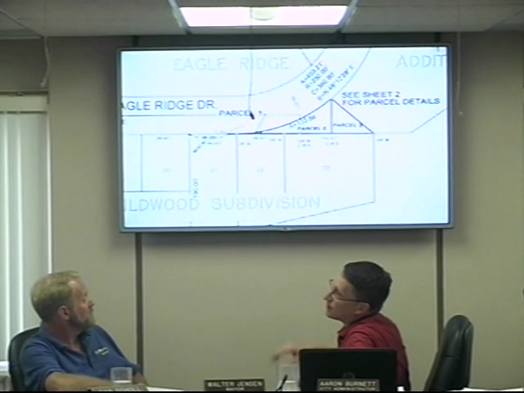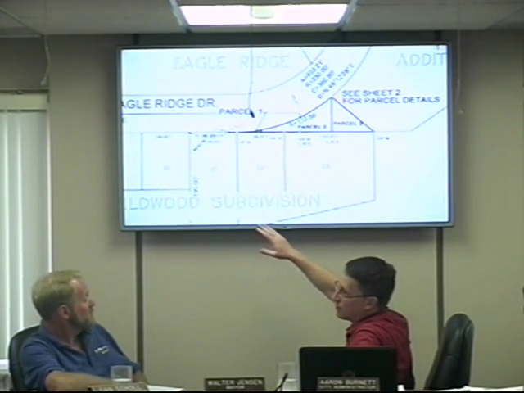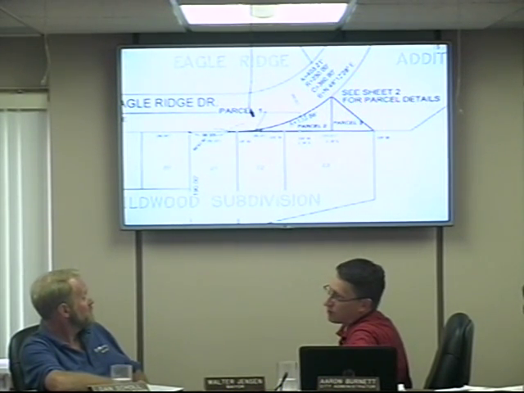And so that's why phase 2 has to go through really before any of the houses are added, because they don't meet the minimum frontage requirement if you just drop the road in there. So that's kind of the long story on that.